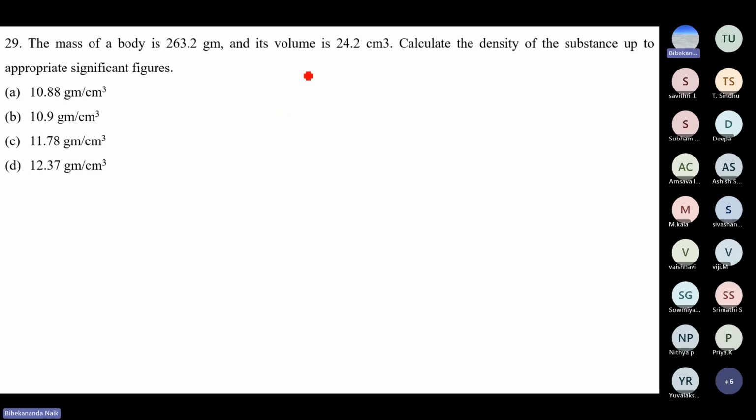No, let me discuss. Actually, here we have 263.2 gram and volume is 24.2 centimeter cube. So we know density is given by mass by volume. So it will be 263.2 divided by 24.2, and it will be gram per centimeter cube.